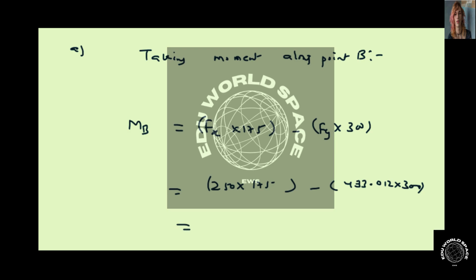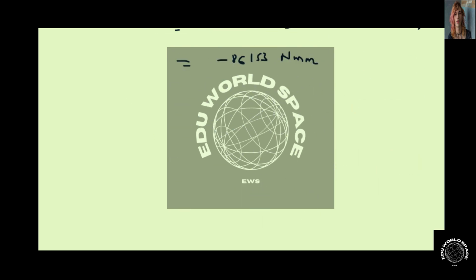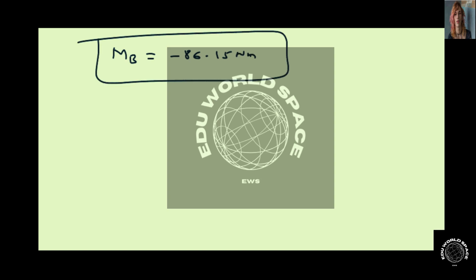So it will be equal to minus 86153 Newton mm. So you can write this value as MB is equal to minus 86.15 Newton meter. Now going forward and simplifying part B of this problem.